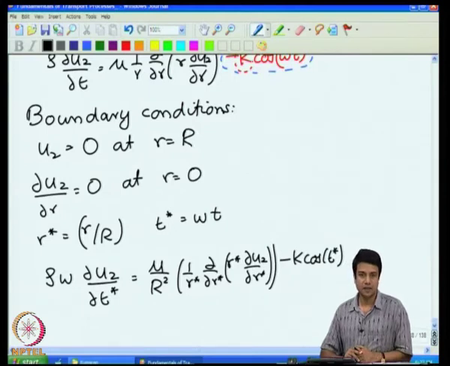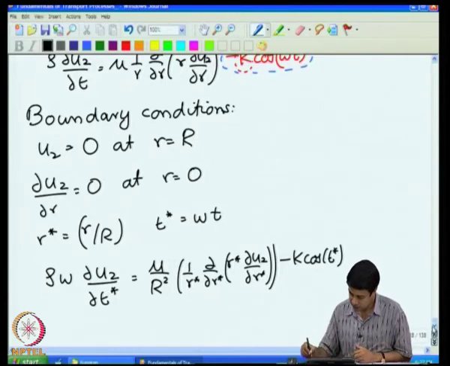Therefore, if I divide the equation throughout by k, then the last term on the right becomes dimensionless. By dimensional consistency, then every term has to be dimensionless.